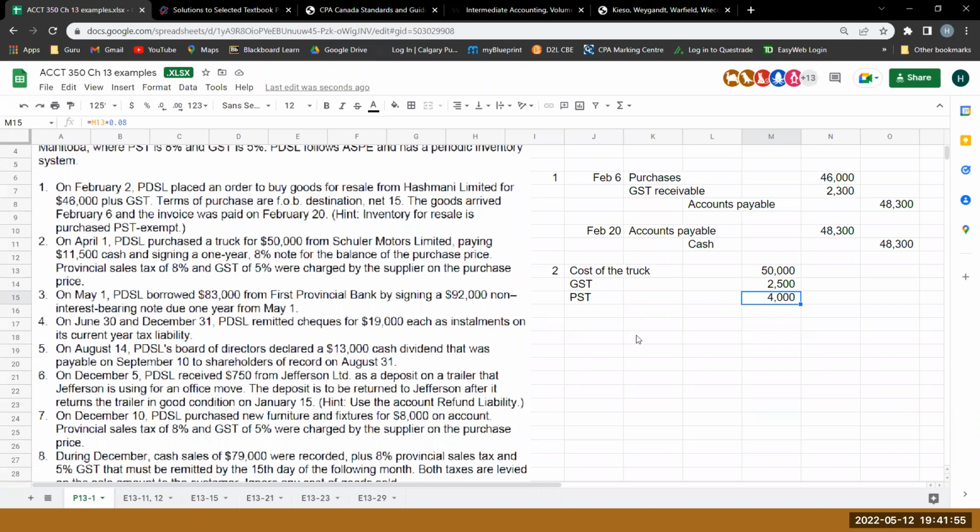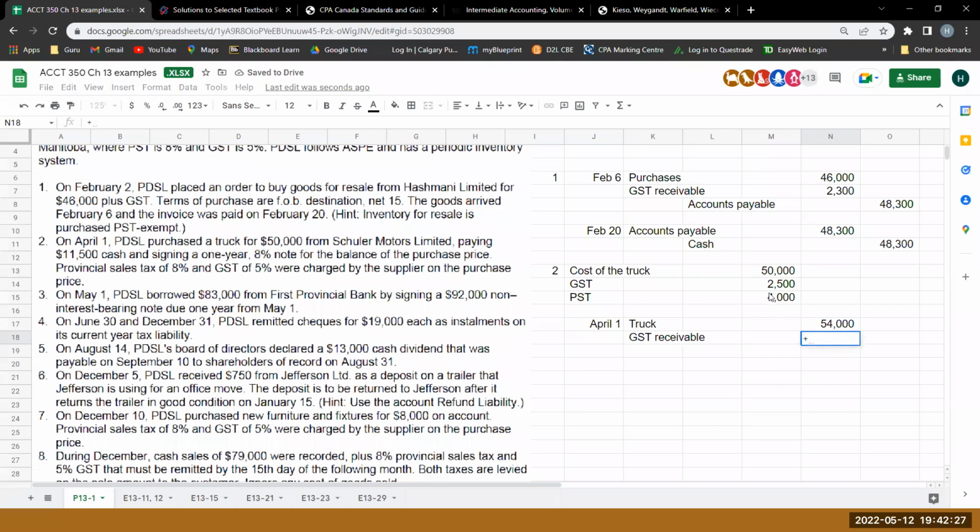So on the date that we bought the truck, April 1st, we're going to debit truck or vehicles for $50,000 and $4,000. $50,000 was the original cost, add 8% PST on top, that's $54,000. The GST, we get to offset against GST that we charge our customers.